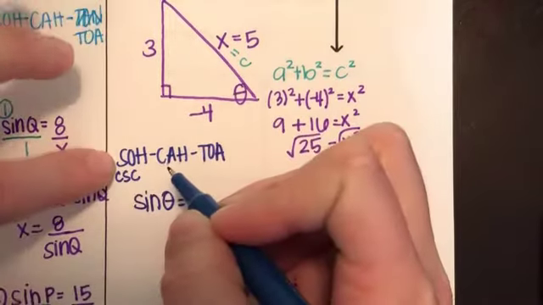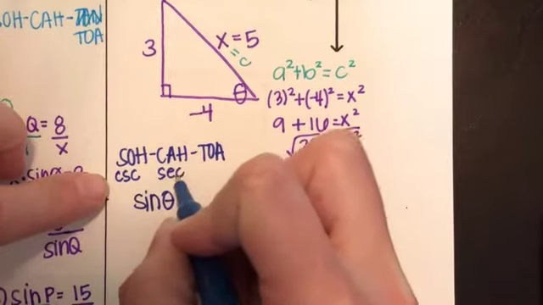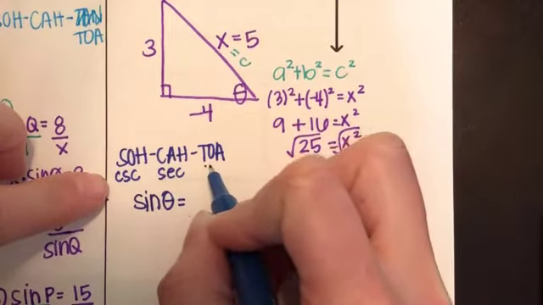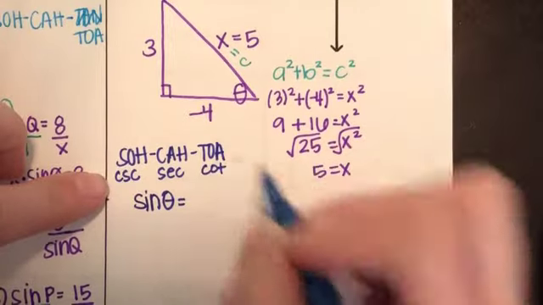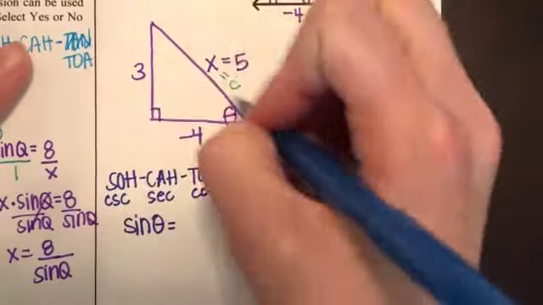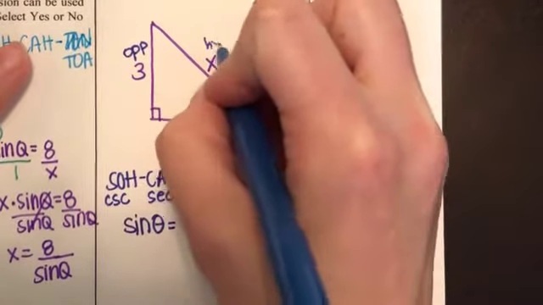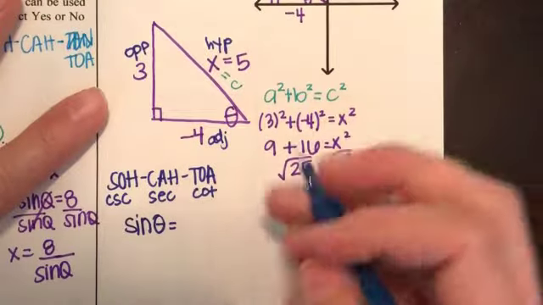Cosecant is going to be the reciprocal of sine. Then secant will be the reciprocal of cosine. And then cotangent will be the reciprocal of tangent. Okay, so if this is theta, we have to understand that this side is opposite, this is adjacent, and this is our hypotenuse. So we can create those ratios.